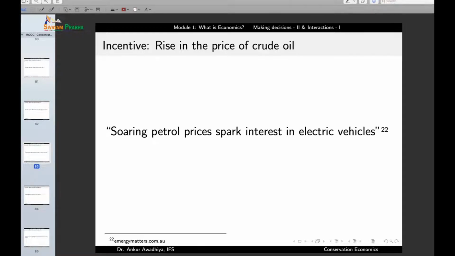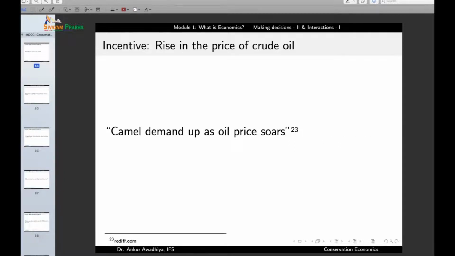So, soaring petrol prices spark interest in electric vehicles. Camel demand up as oil price soars. Now, this is a different kind of news, but here also it says the same thing. As the cost of running gas guzzling tractors soars, even camels are making a comeback, raising hopes that a fall in the population of the desert state's signature animal can be reversed.